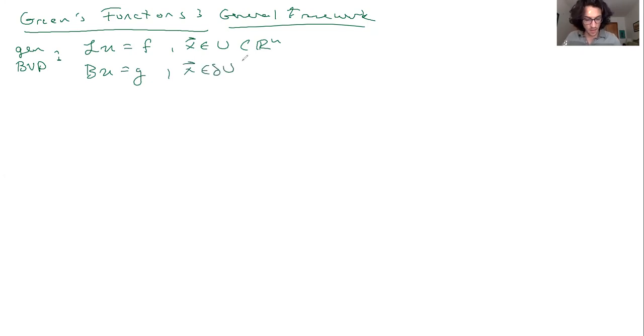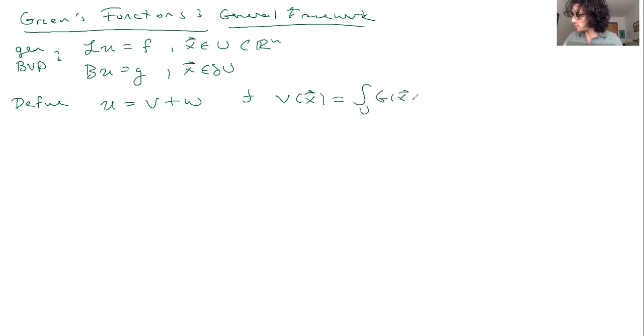Okay. Then in order to solve problems in general, the solution can be got by defining u = v + w, such that v is going to be a convolution of something we'll call a Green's function with f.